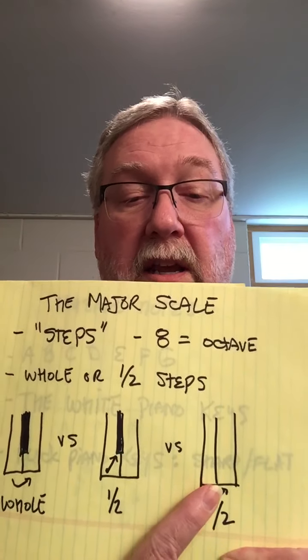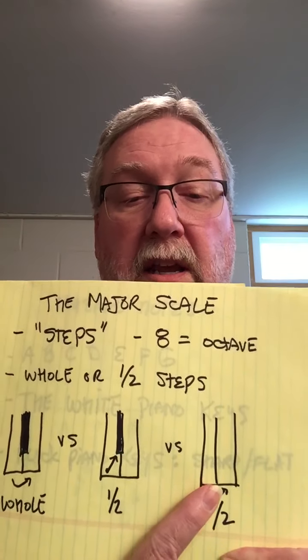So in fact, we can expand our simple musical scale of A through G to include those flatted and sharped notes. You can see I've written it out here from A through G, but I've included the places where we've got some sharped notes that can also be designated as flatted notes.